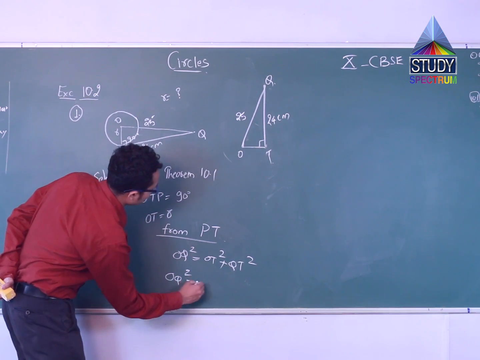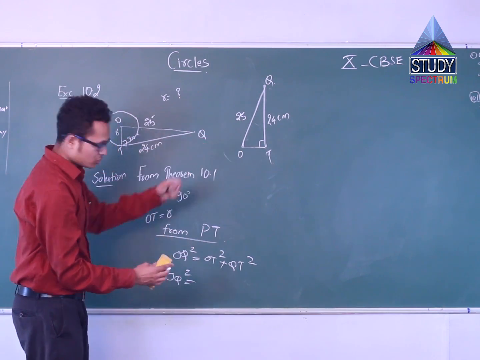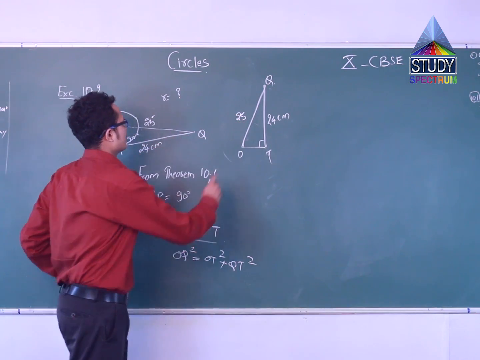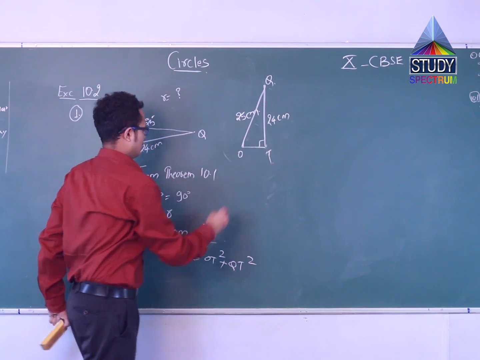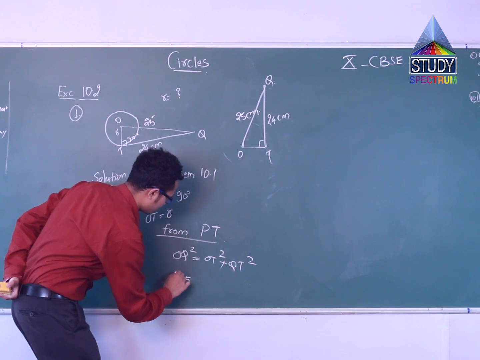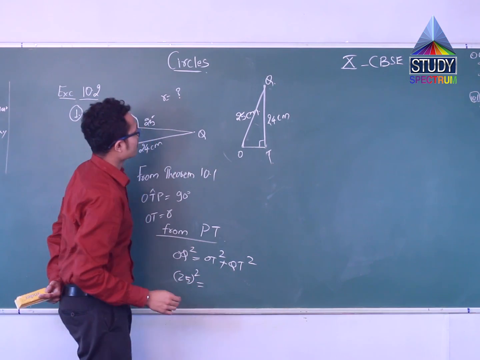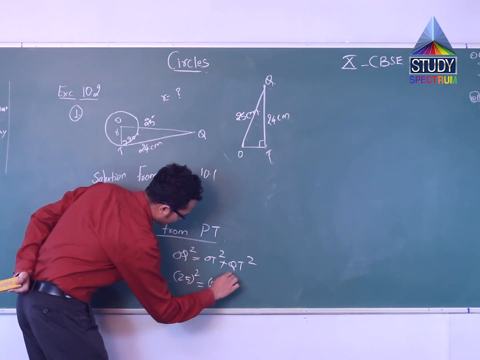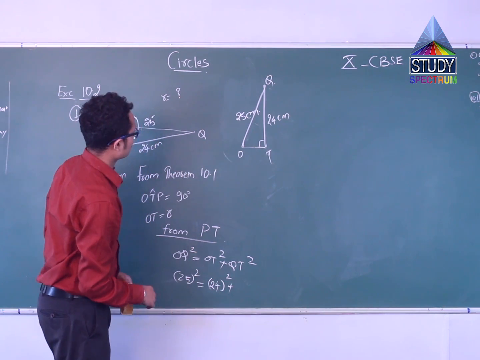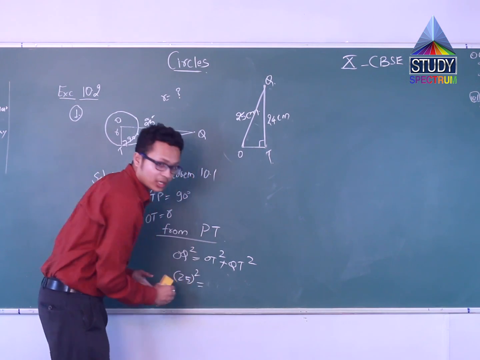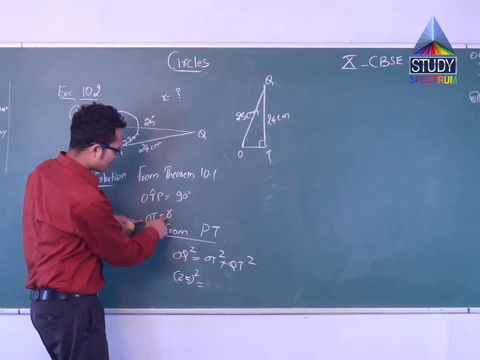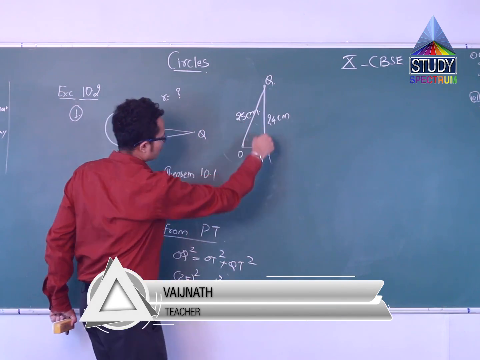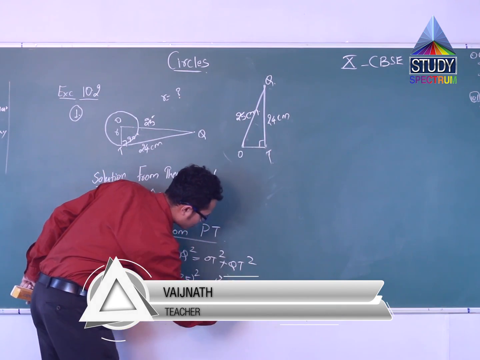I know OQ, so let me substitute the value of OQ. OQ is 25 centimeters. So 25 whole square is equal to OT square plus 24 whole square. OT is unknown here, which is R. I'll substitute OT is R. R square plus QT is 24 centimeters, so 24 whole square.